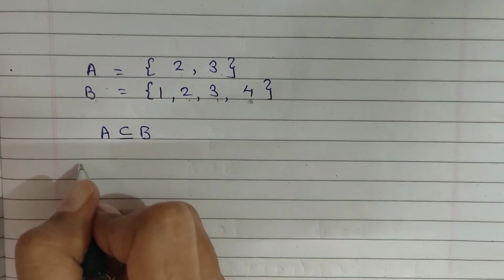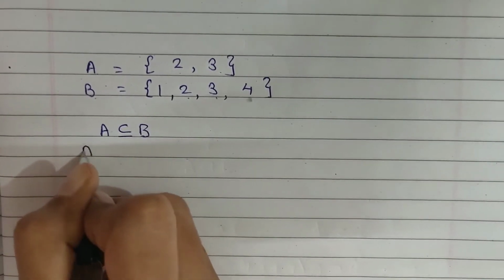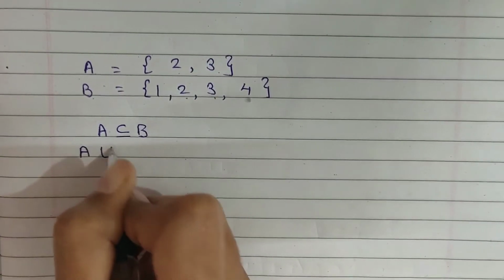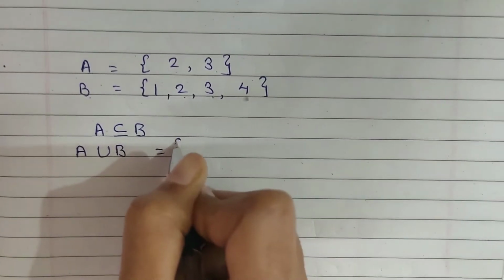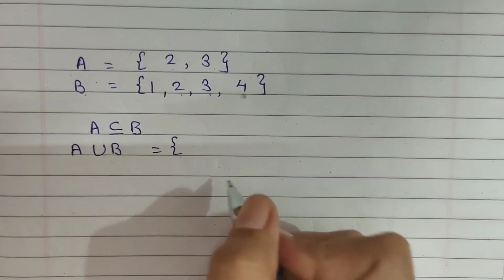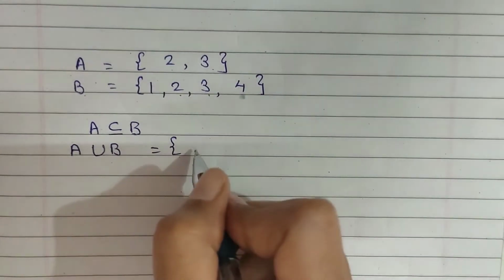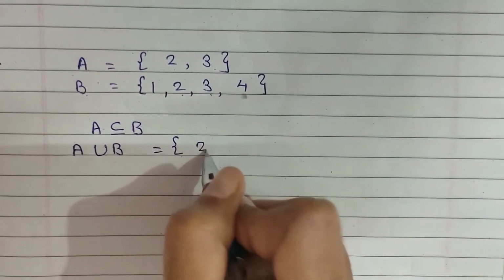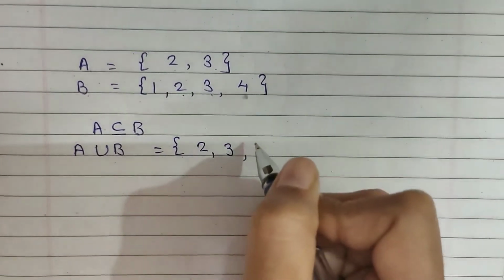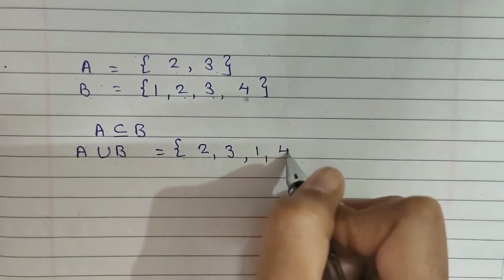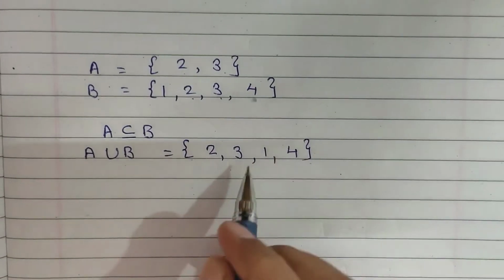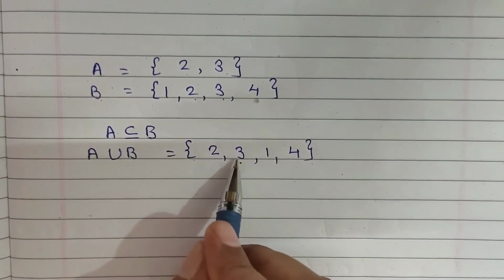Now here I want to find A union B. So we will write all the elements of both the sets. So these are 2, 3, 1, 4. We have not repeated the common elements.